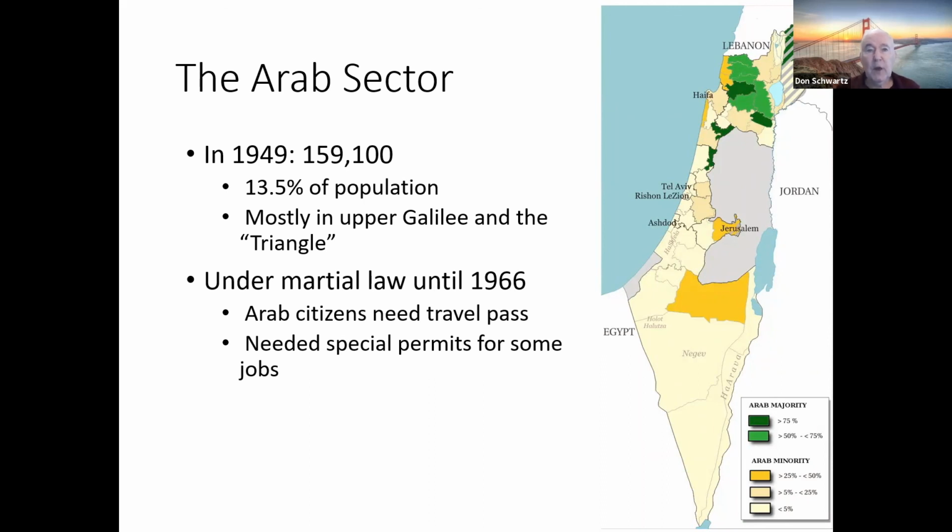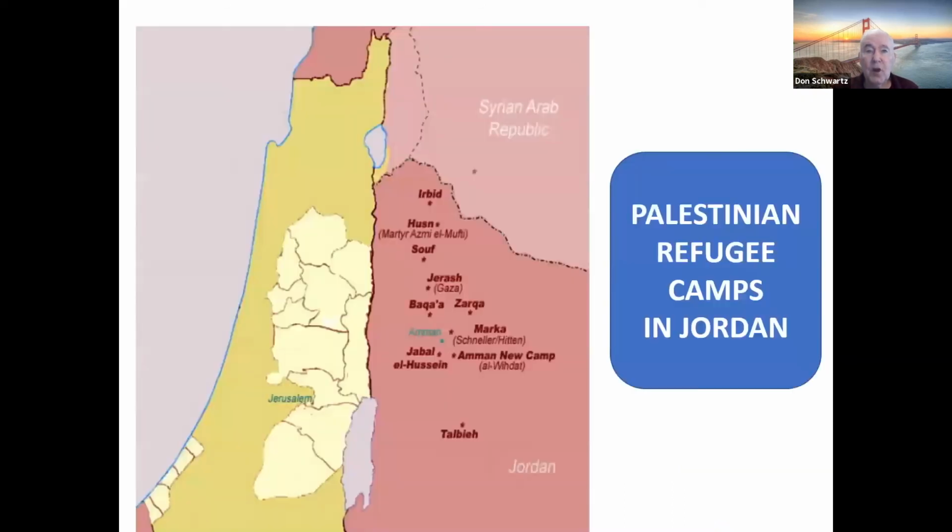They remained at the lower end of the economic spectrum with very little political influence, and they were regarded as traitors by many Arabs living outside Israel. But while the standard of living of Arab Israelis was below that of most Israelis, it was way above that of Palestinians living in refugee camps in Arab countries.